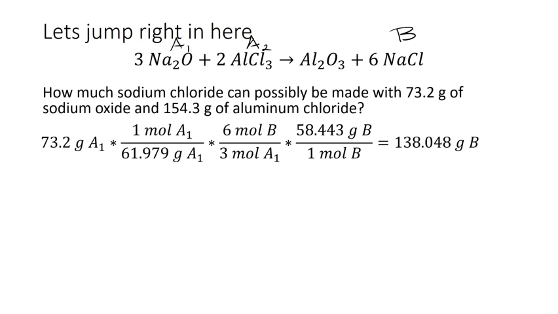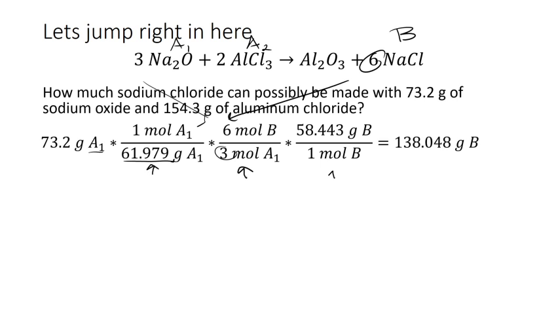We go from A, grams of it, we convert to moles in our first step here, right, using the molecular mass of sodium oxide. We have our mole ratio, pulling the numbers from the balanced chemical equation, right, just like our other stoichiometry.